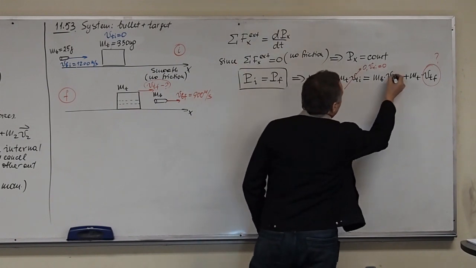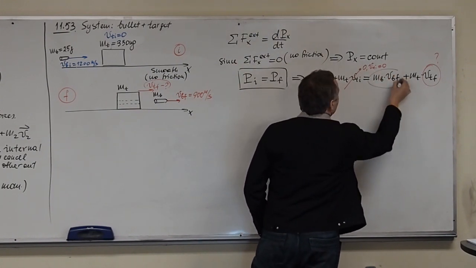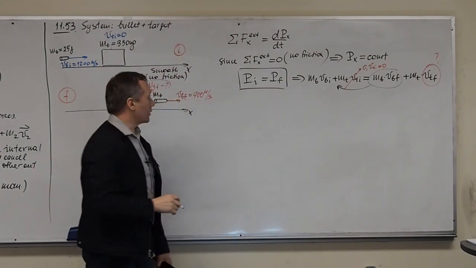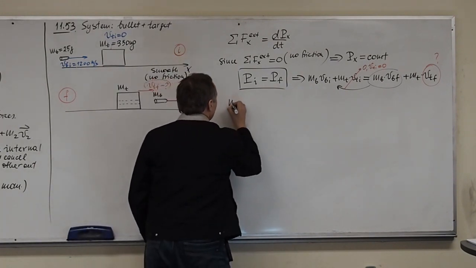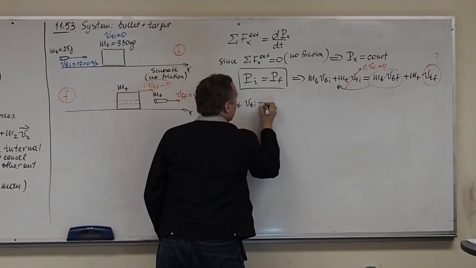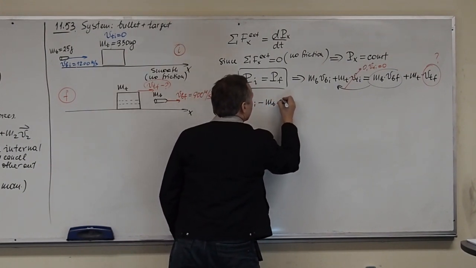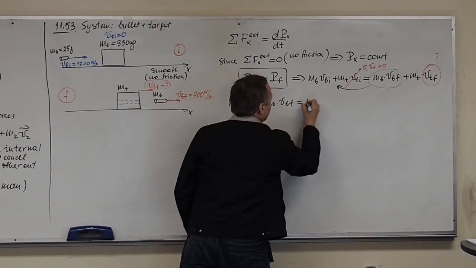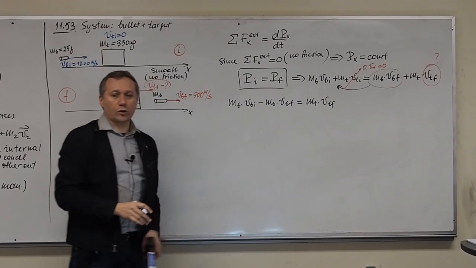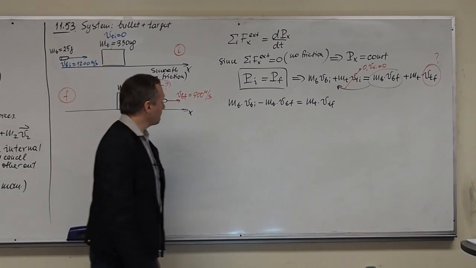I will take this term and move it to the left-hand side of the equation. So I will end up with mass of the bullet times velocity of the bullet initial, minus mass of the bullet times velocity of the bullet final, equals mass of the target times velocity of the target final.